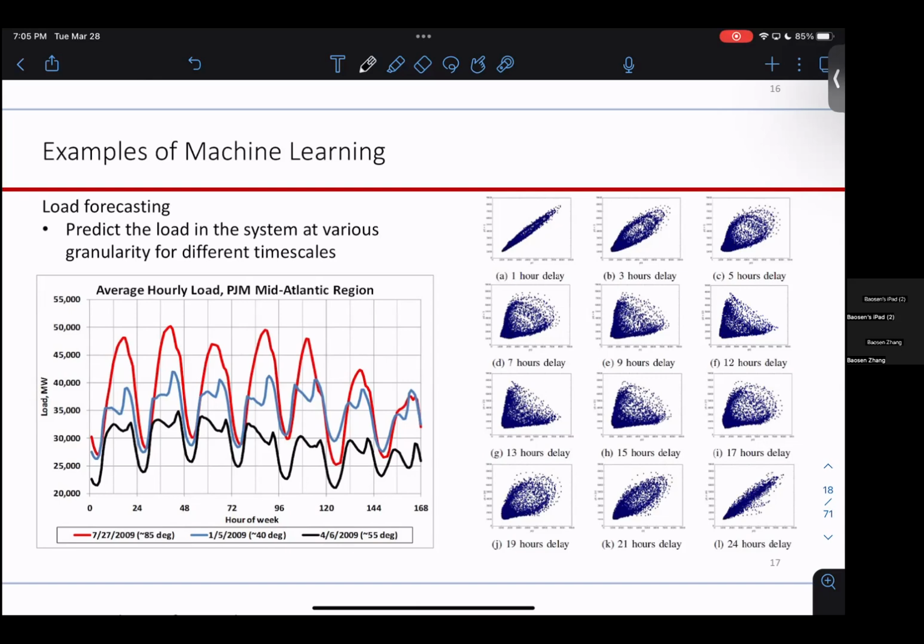So look at those curves, right? Look at those traces. Why is 24-hour ahead easy? It's mostly oscillatory, but not super nonlinear. What distinguishes 17 hours ahead from 24 hours ahead? There's a very simple reason why.